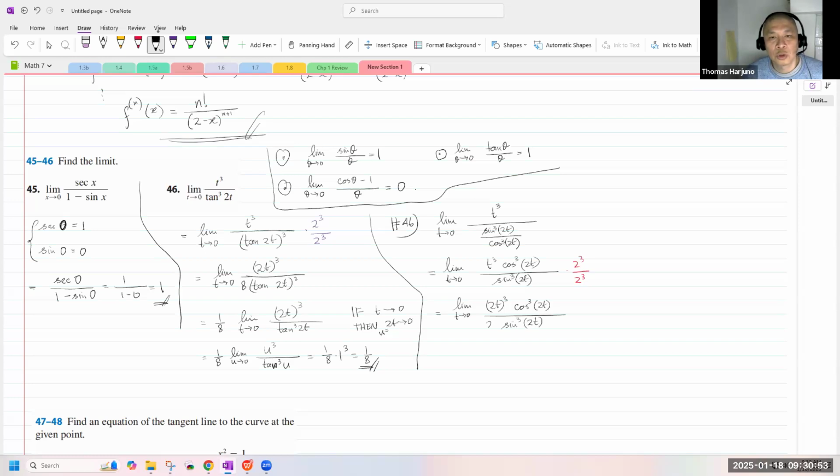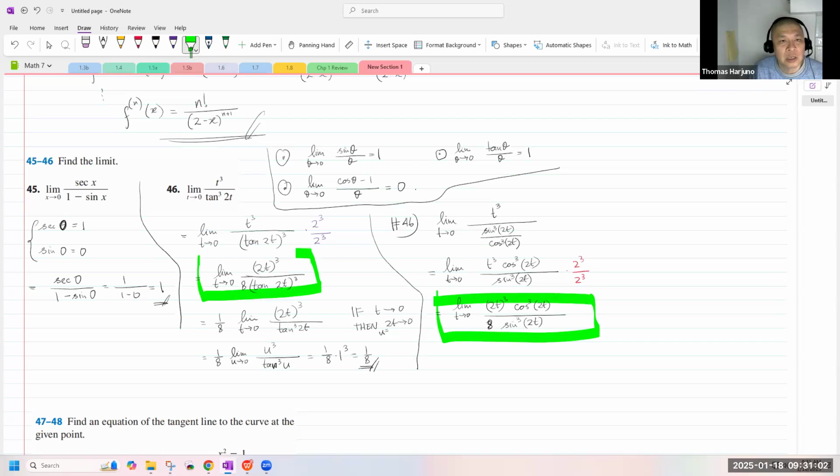Oh, I missed the 2 cubed, the eight, on the denominator. So actually what I have here is very similar to what I have here already. But Thomas, what about cosine cubed? Imagine if you replace the t by 0, you will get cosine cubed 0, which is 1.